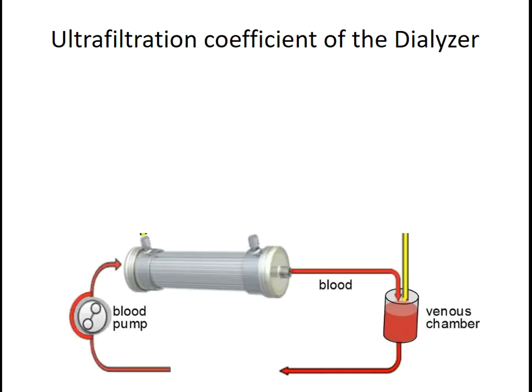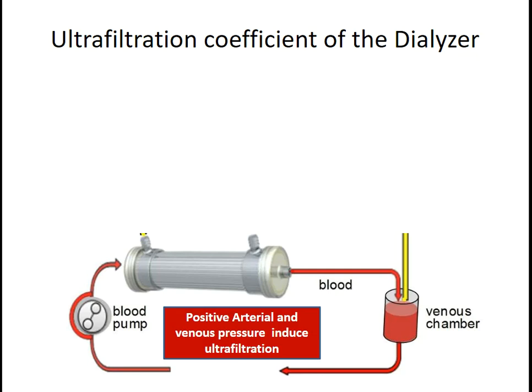The ultrafiltration coefficient of the dialyzer. When blood is passing through the narrow fibers, a positive pressure in the arterial and venous side induces ultrafiltration. Against that is the plasma oncotic pressure, which prevents ultrafiltration.